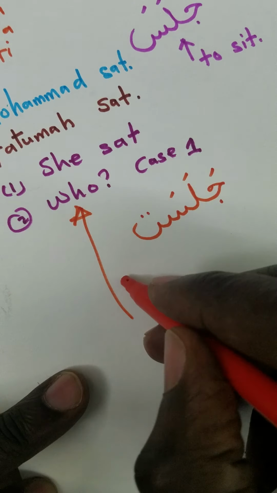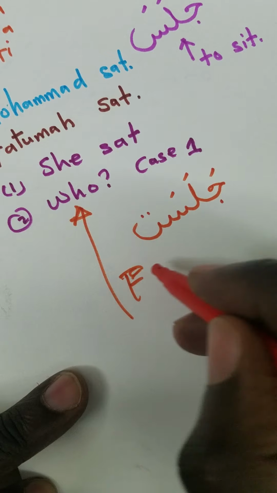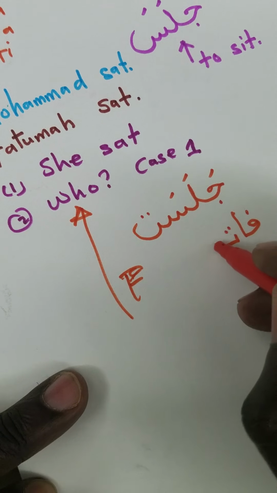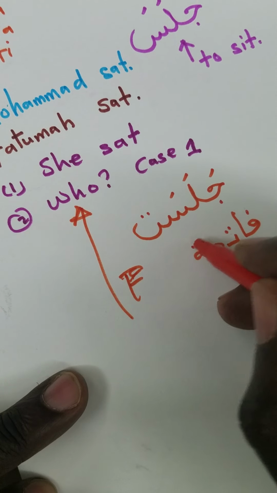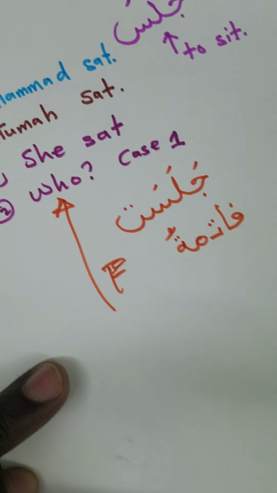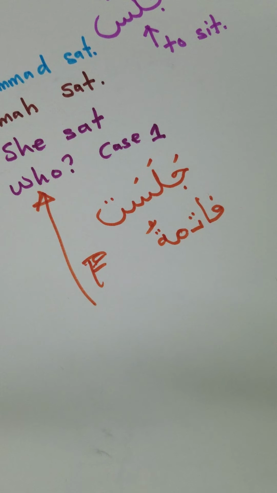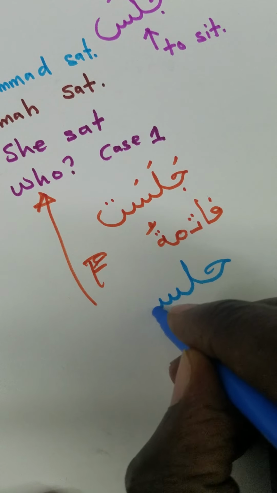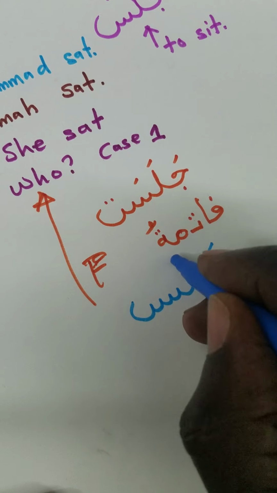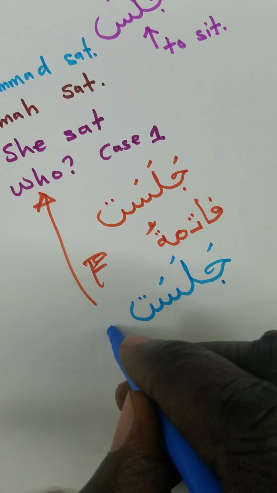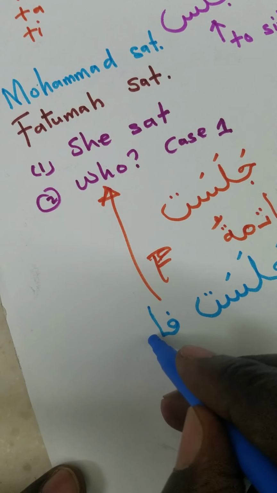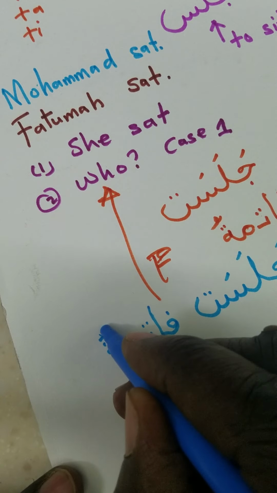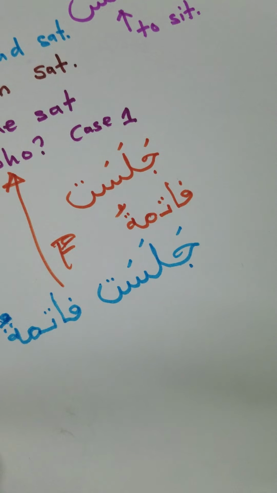Fatuma is going to be Fatumatu. You remember we had Fatumatu. So our answer here is going to be Jalasat Fatumatu.